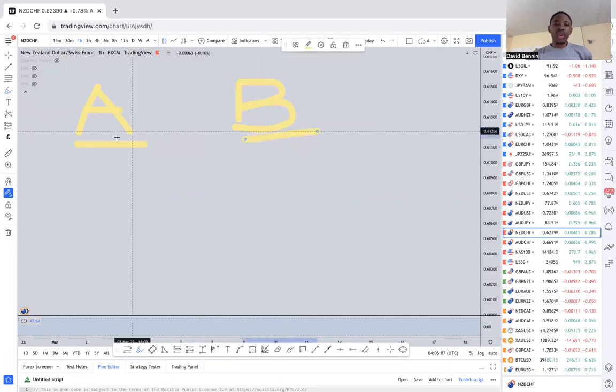These 2 currencies, A and B, are always fighting against each other. For example, if we take the CD and the dollar, and the CD becomes stronger than the dollar, then the CD will take advantage. If the dollar becomes stronger than the CD, the dollar will take the advantage. That is how it works.